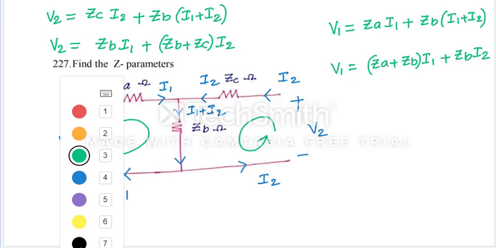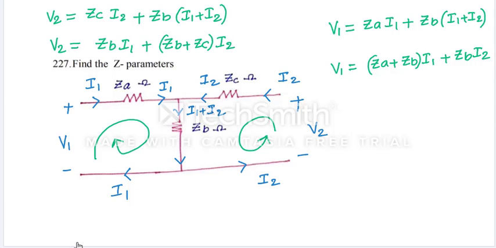Now, as we know the standard Z parameter equations, V1 is equal to Z11 I1 plus Z12 I2. I can compare these two equations.